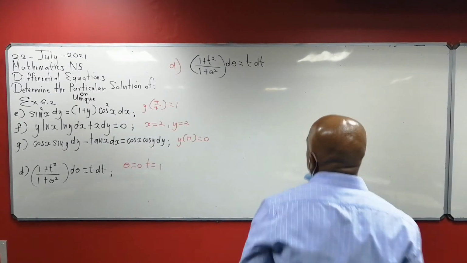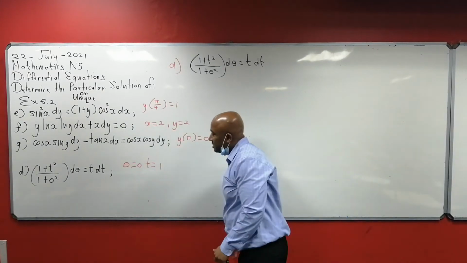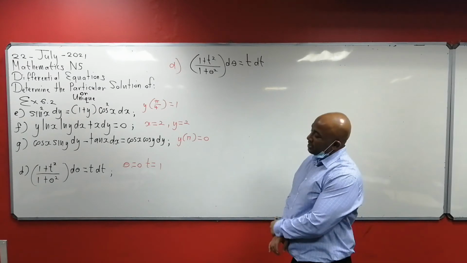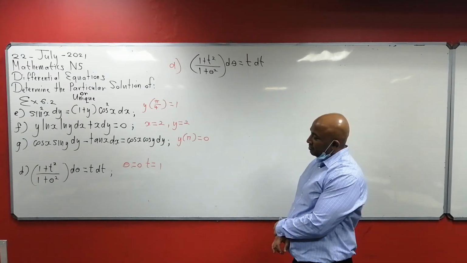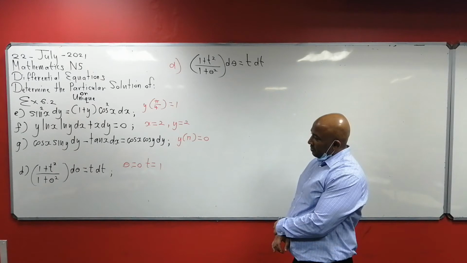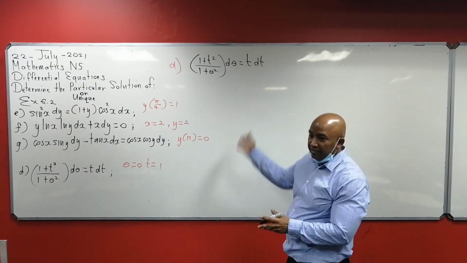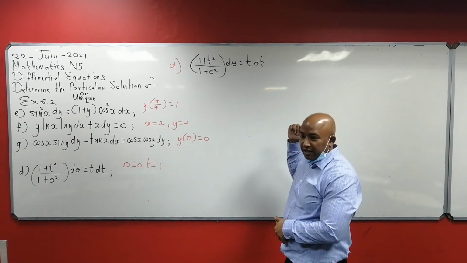Right, so example D, let's separate these variables. Now, let's see what can we do here. We got d theta on the left hand side, dt on the right. Let's leave d theta on the left, dt on the right.